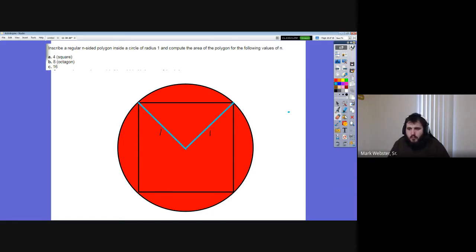So here's what I'm doing. We know how to find the area of a triangle if we have the two sides and the angle in between, because that's 90 degrees for a square. 1/2 AB sine theta. We know sine of 90 is 1, so 1/2, 1 times 1.